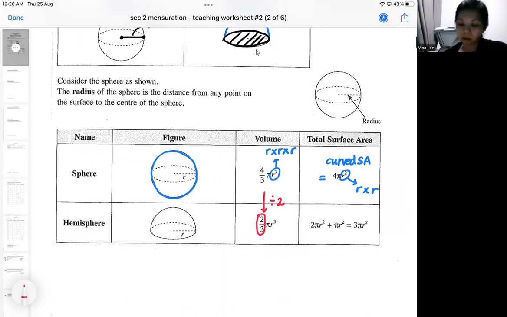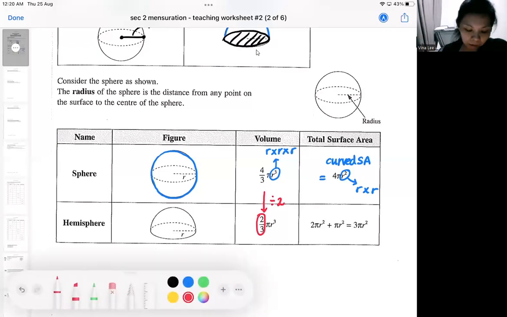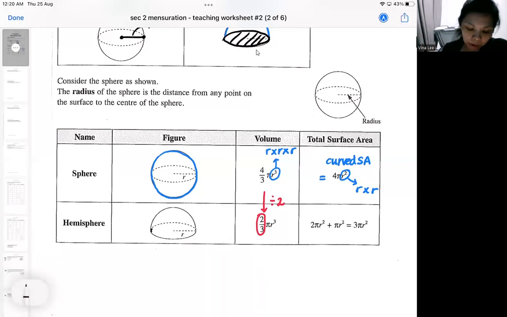But for the total surface area, it's not so direct. Because of the cutting, you introduce a flat base. This part is flat. I think it's easier to imagine if you have an orange and cut it in half. You will see a circular base, which is here.